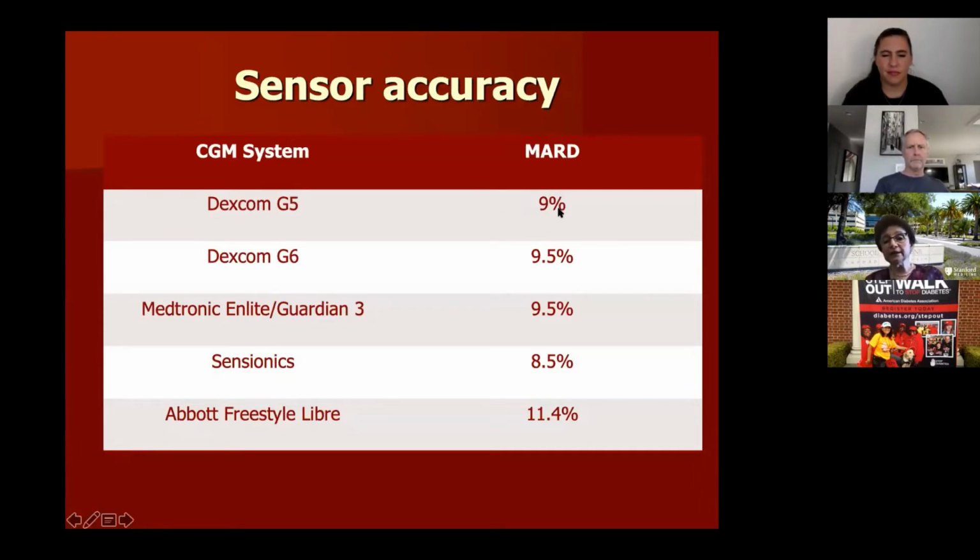For most of the sensors it is about 9 to 10%. And again, for the meters, the FDA approved accuracy is plus or minus 20%. So sometimes we say your meter is accurate but the CGM is not measuring accurately. Sometimes, honestly, we don't even know which one is more accurate, right? And different meters have different accuracy.